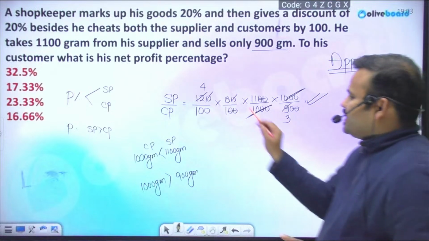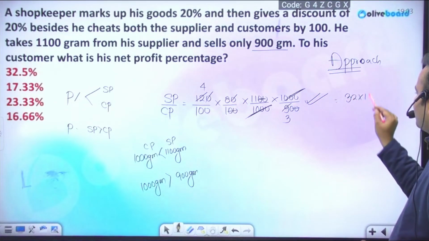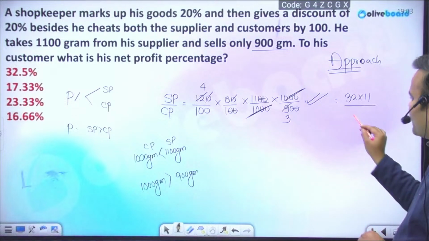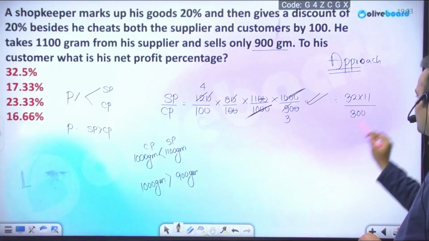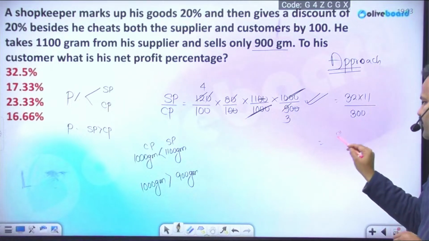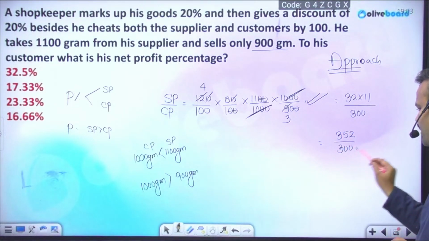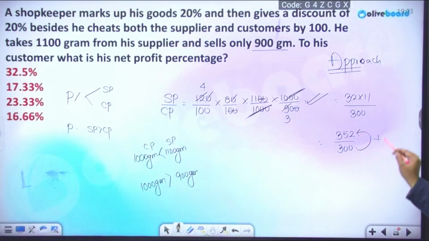This is 8 times of 4 is 32. 32 times of 11, and in the denominator we have 300. Ultimately this is 320 plus 32 is 352 by 300. So I am making a net profit of 52.